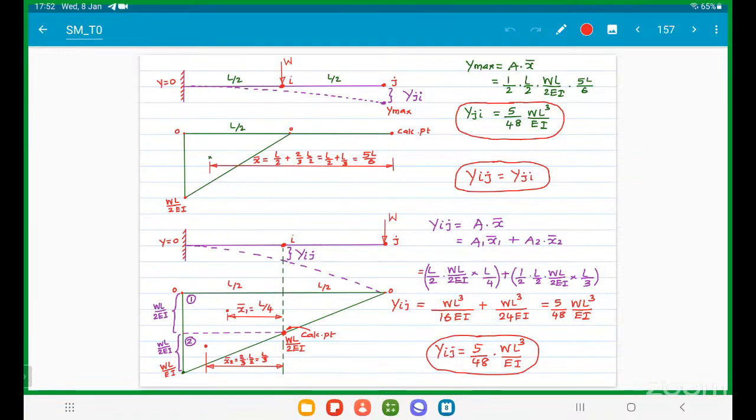Corresponding area and the corresponding X bar. Clear?